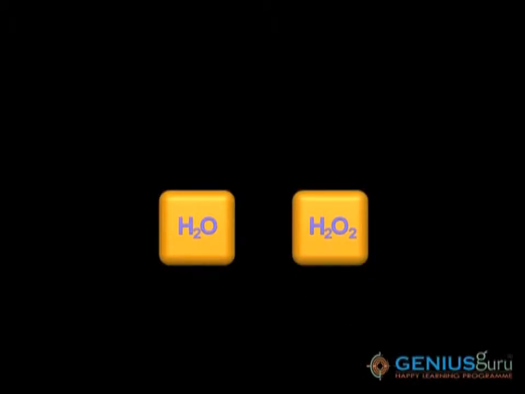Now, the ratio of oxygen in H2O and H2O2 is 16:32, or simplified, 1:2. Here, the ratio is a whole number ratio. Hence, the law of multiple proportions is valid in the hydrogen and oxygen combination also.